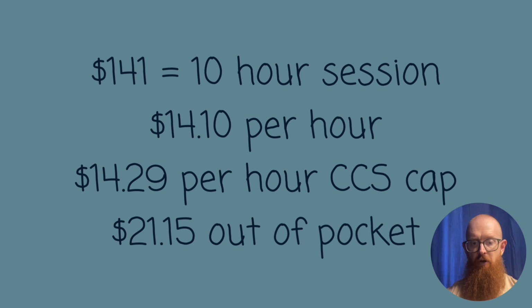Because the dollar amount per hour is below the CCS cap, families who use this 10-hour session have the entire $141 impacted by their CCS percentage. Now minus that 5% withholding, a family with 90% CCS using the $141 10-hour session would be out of pocket $21.15.